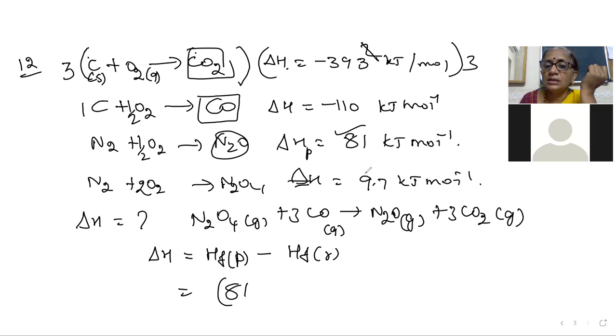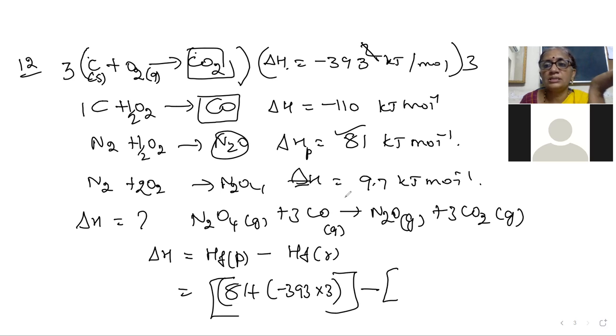So 81 plus 3 moles of carbon dioxide, what is it? Minus 393 into 3. Got it? This entire thing you put in a square bracket because we have to simplify it, and from the simplified value we have to subtract the simplified value for the reactant side. So on the reactant side, what do we have? N2O4, whose formation enthalpy is how much? 9.7.